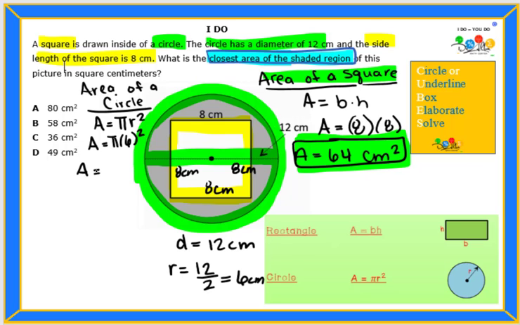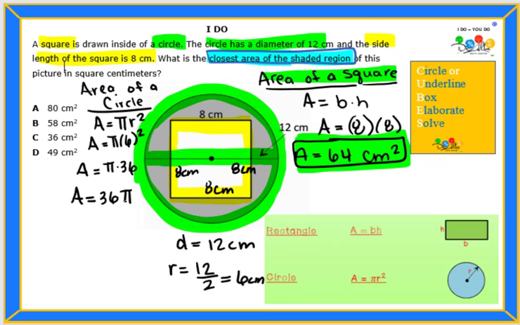So 6 squared is 36. So we have pi times 36. So if we want to give the perfect and exact area, we would say the area of this circle is 36 pi.